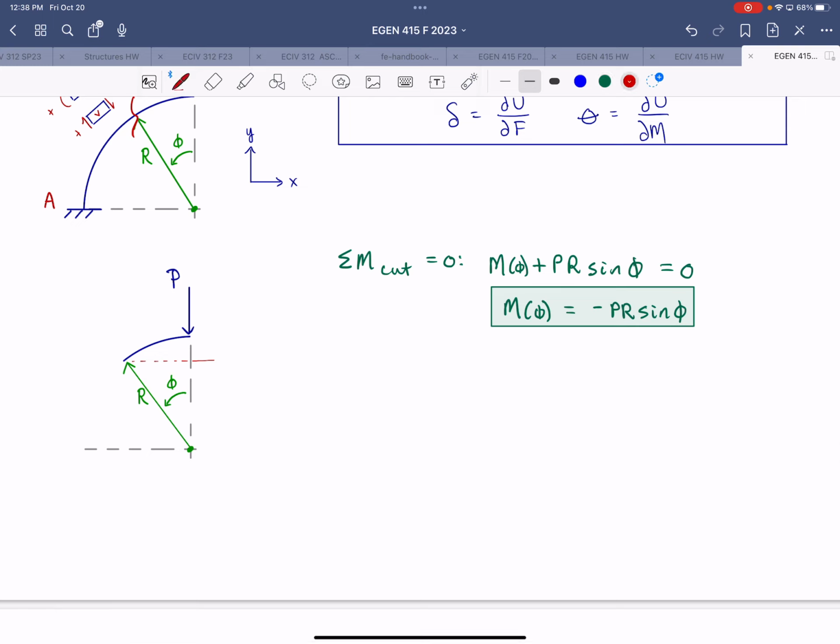Now, technically in this cut, we are also exposing the normal force and the shear force, as well as the moment. So here's that moment arm, R sine phi, for the applied force to that location.